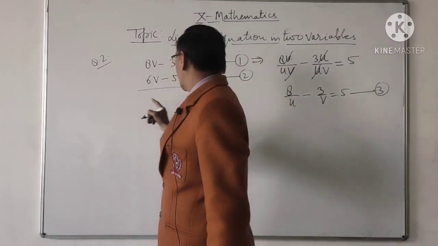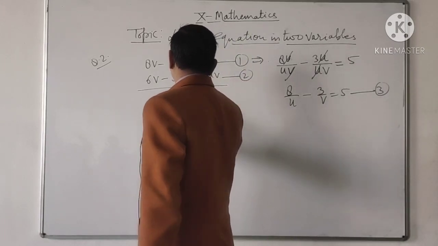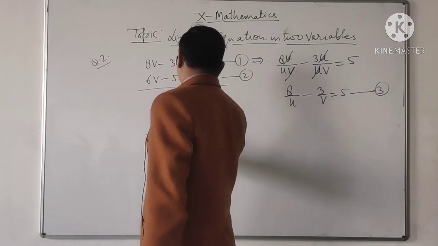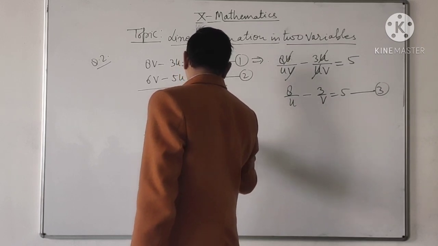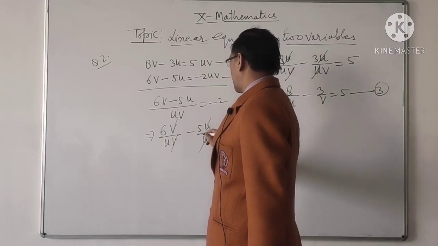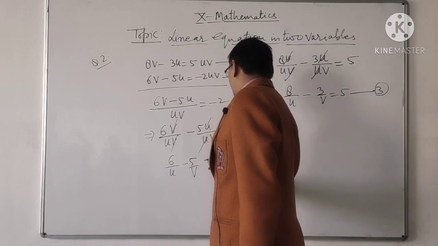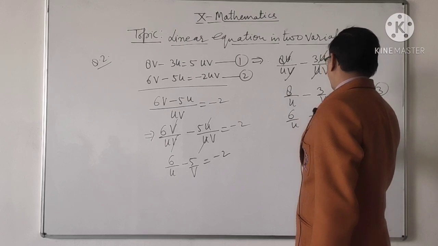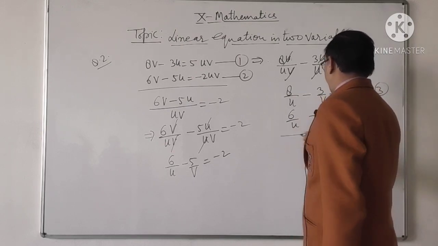Similarly, divide the second equation, 6v minus 5u, by uv. It is minus 2. It gives 6v upon uv minus 5u upon uv is minus 2. So 6 upon u minus 5 upon v is minus 2. This is equation 4.